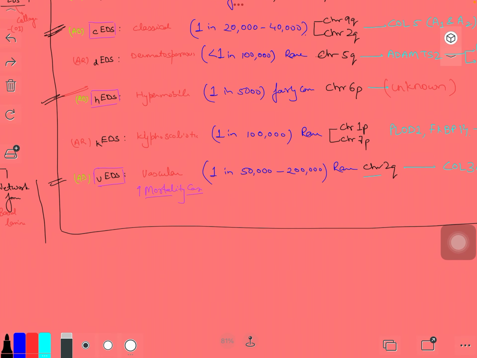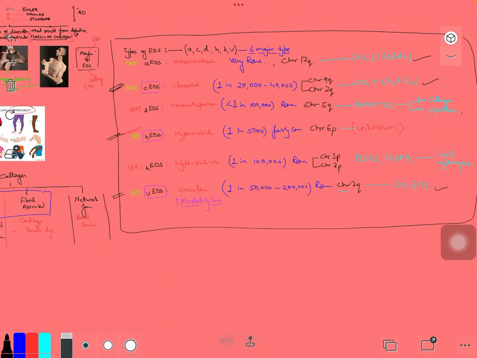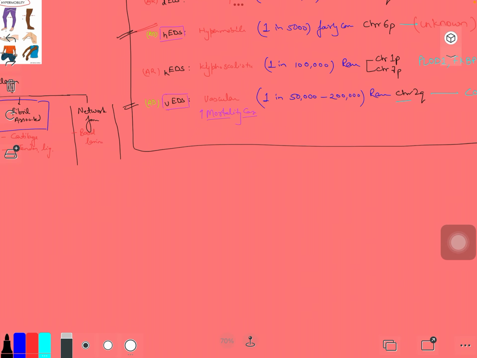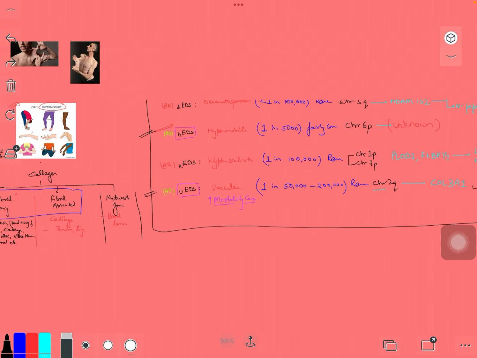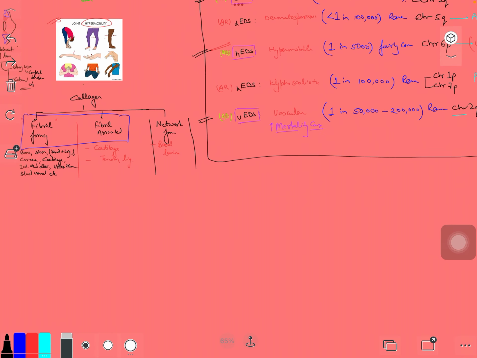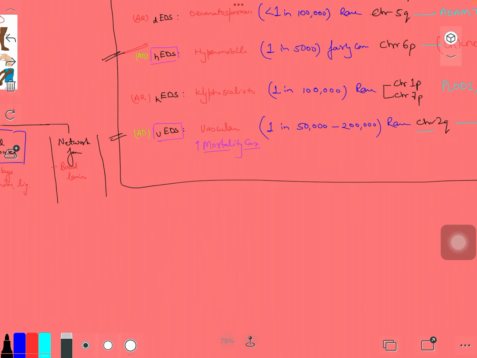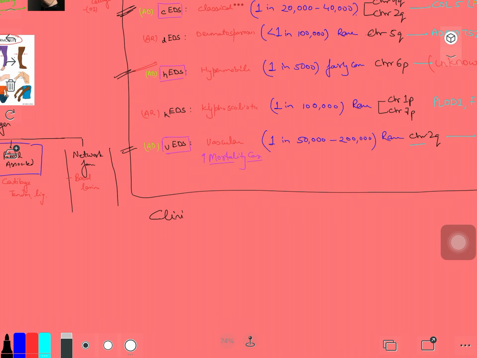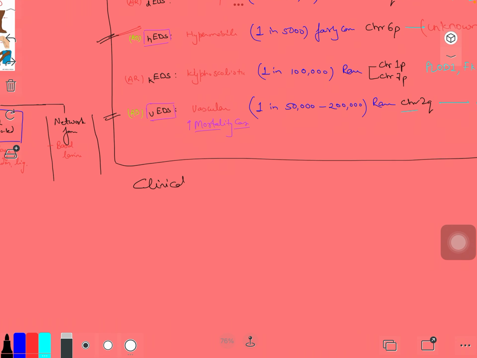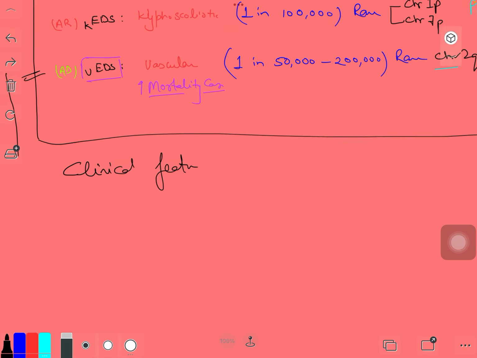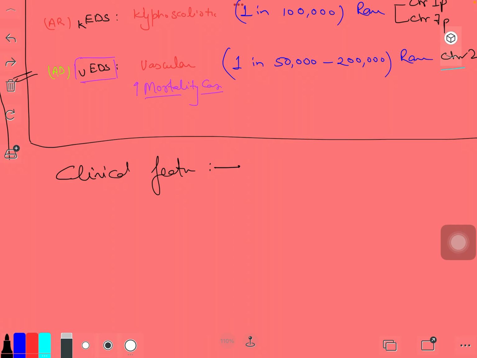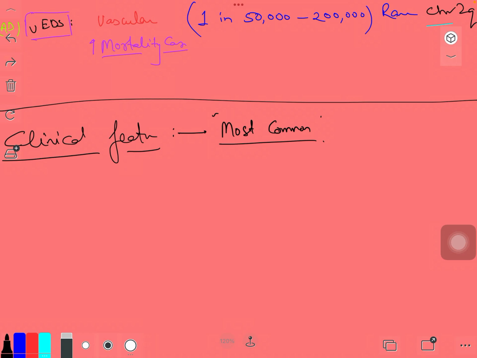However, the clinical features again vary depending upon the type of it. However, the main thing that we need to remember for the EDS, the main clinical feature which is fairly common in all the types. I can't mention one particular type because it will make us so much confused.